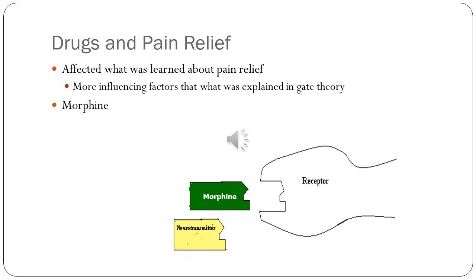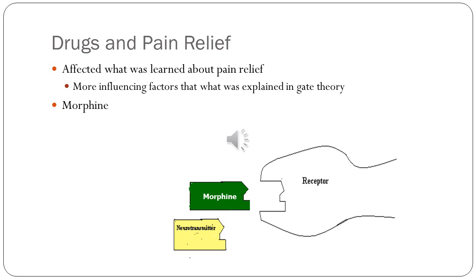Looking quite simply at a drug like morphine, a very strong pain-relieving drug, part of the reason morphine exerts the effects it does is because it basically completely blocks pain receptors. It's a little different as far as the anatomy involved, but it's just another mechanism by which pain can be relieved.